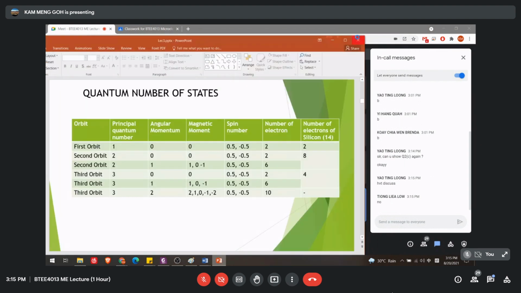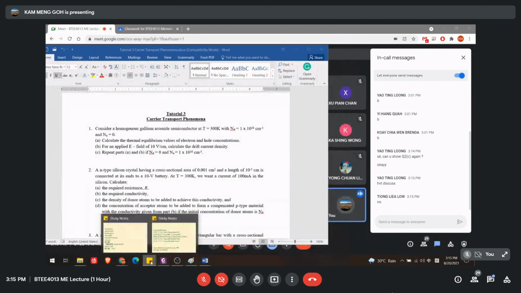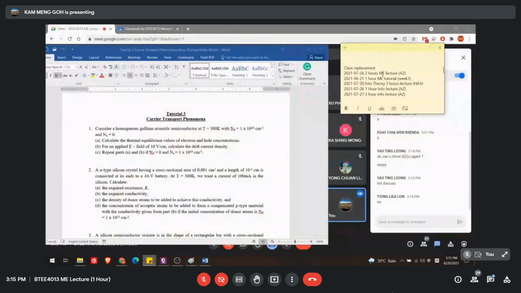By the way, before I forget, we still have some replacement class to be made. I took leave during that day, so that's why we don't have any lecture class for 2 hours, and the 1 hour for the tutorial class for week 1. For the 2 hour lecture class, when can we do the replacement? Which day do you suggest?